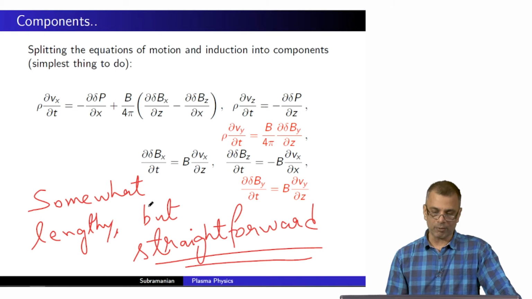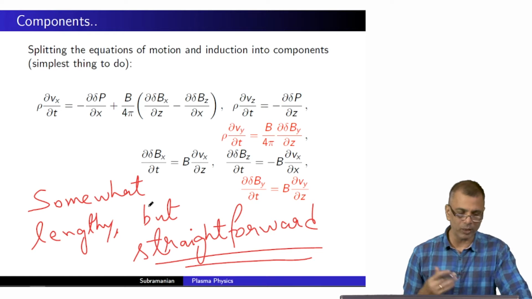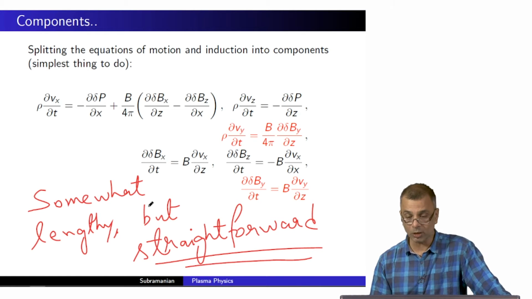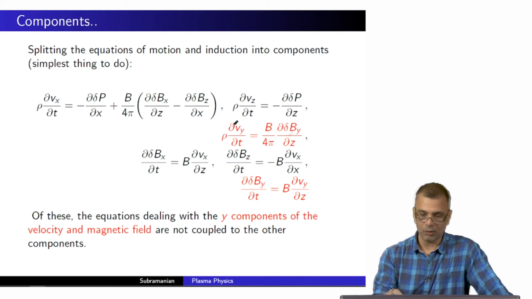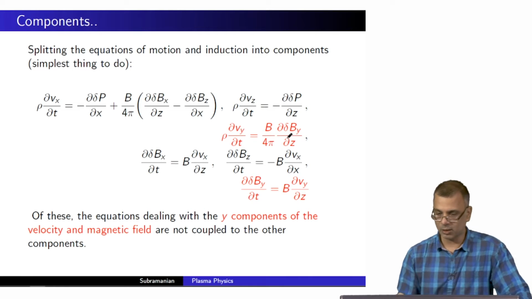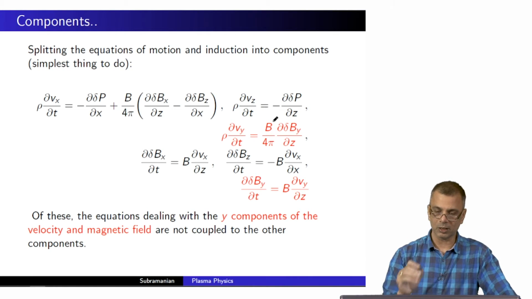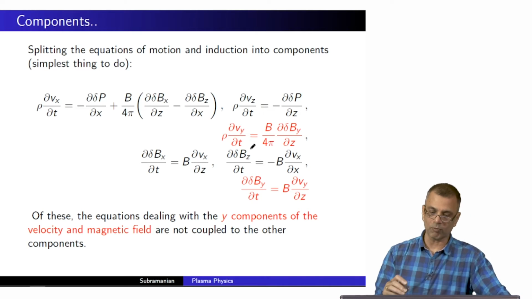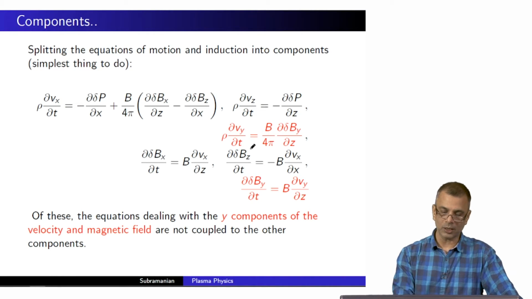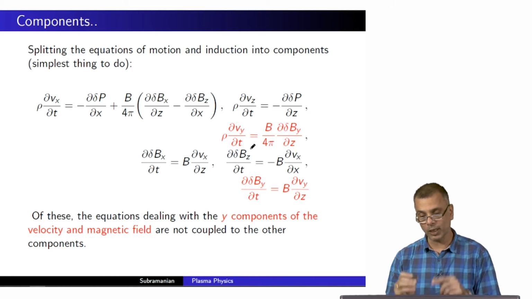We will consider magnetosonic waves in due course, but at the moment the remarkable thing to recognize is that the y components of these two equations, this one arising from the induction equation and that one from the continuity equation, are not coupled to any of the other components.